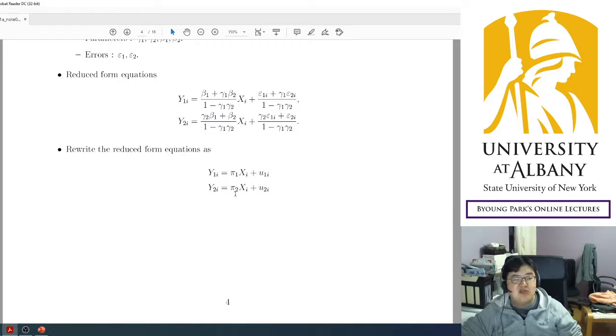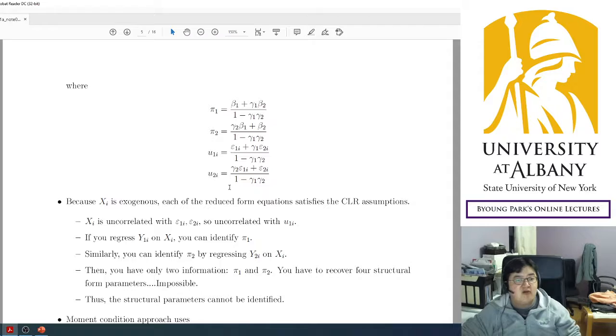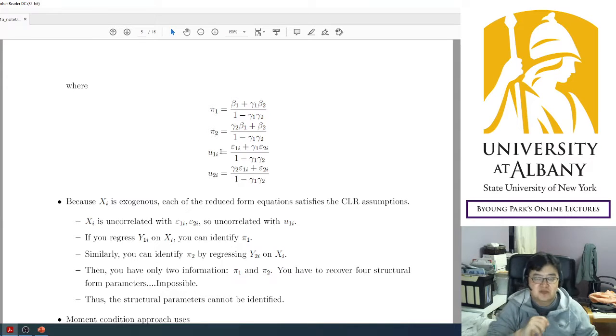So the remaining question is, okay, we know what pi1 and pi2 are. From there, can we recover beta 1, gamma 1, beta 2, gamma 2? Of course not. This will be the main problem in the simultaneous equations model from now on. Estimating the reduced form equations is not a problem at all.